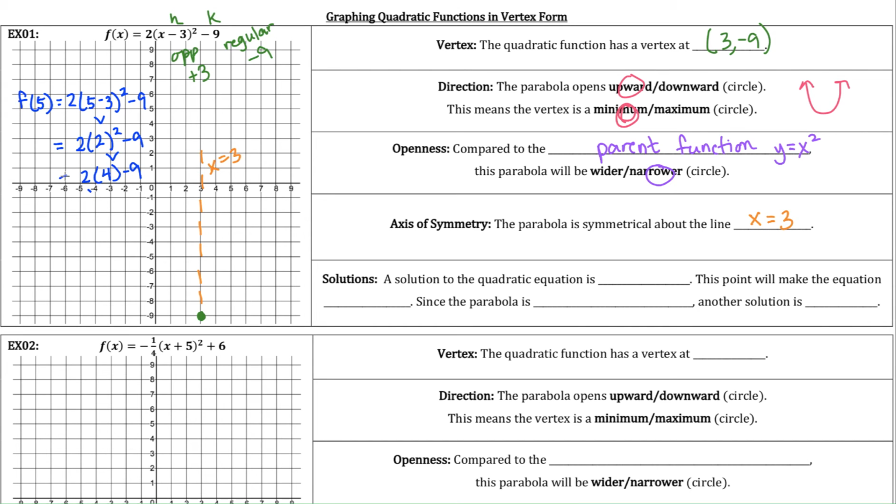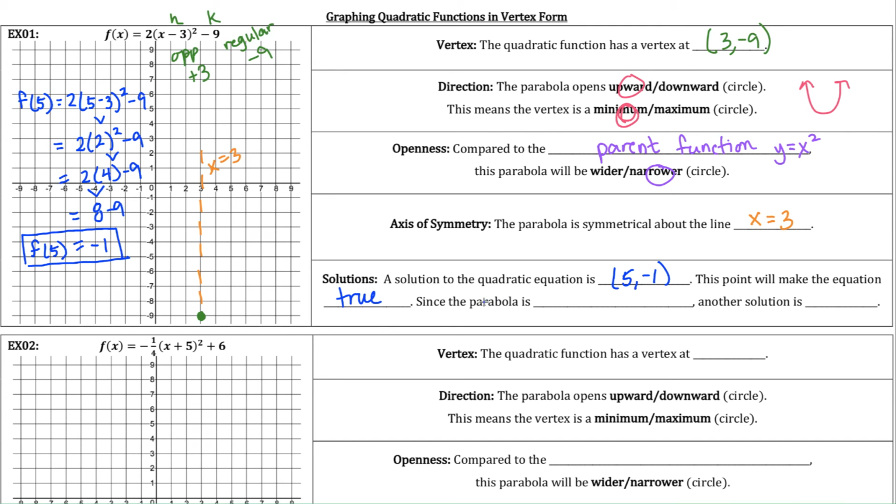And then 2 times 4 is 8, and 8 minus 9 is negative 1. So f of 5 equals negative 1. So x is 5, y is negative 1. So a solution to the quadratic function is 5, negative 1. This point will make the equation true.